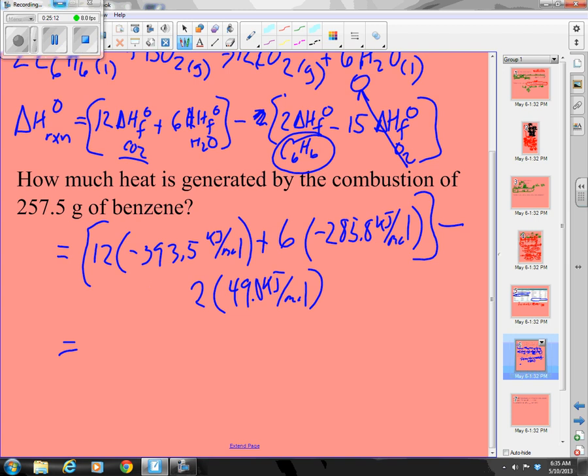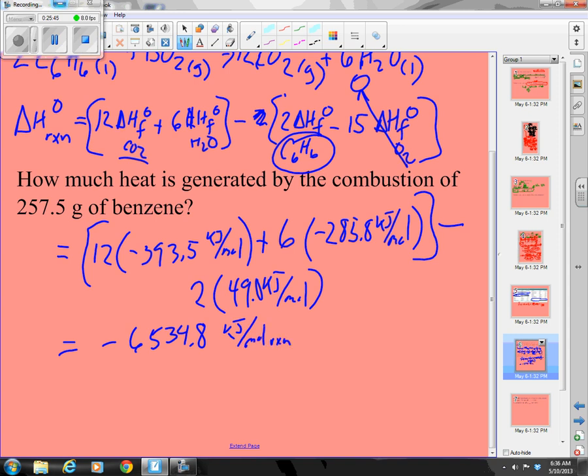12 times negative 393.5 plus 6 times negative 285.8. Cool. Minus 2 times a positive 49. And I get a big number like negative 6534.8 kilojoules per mole of reaction.